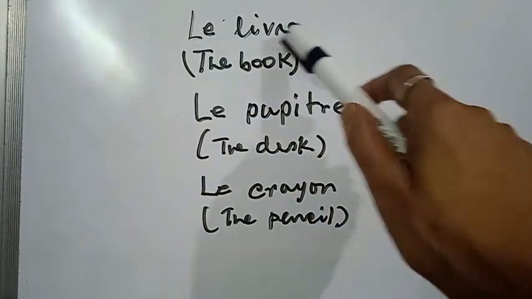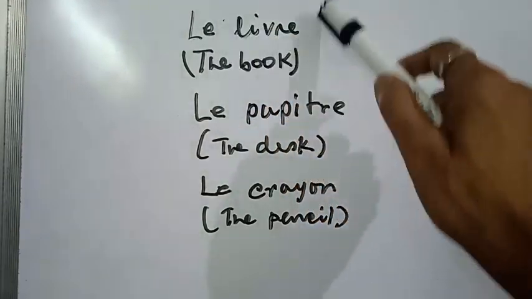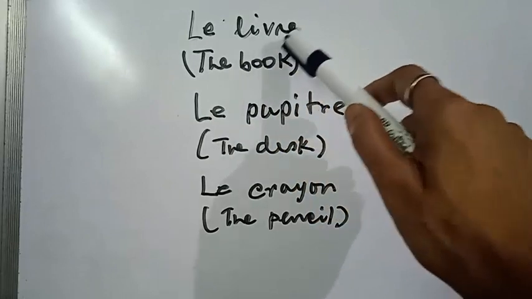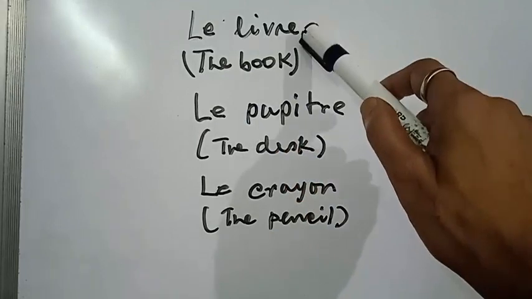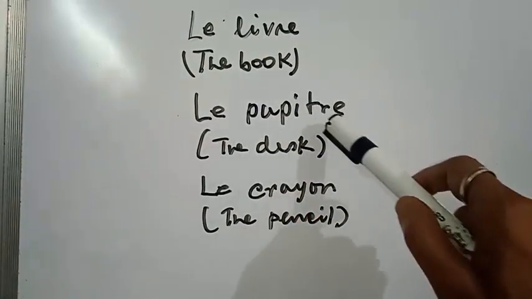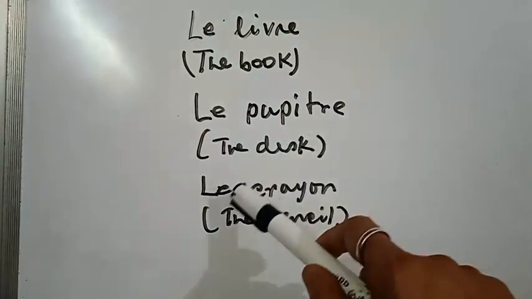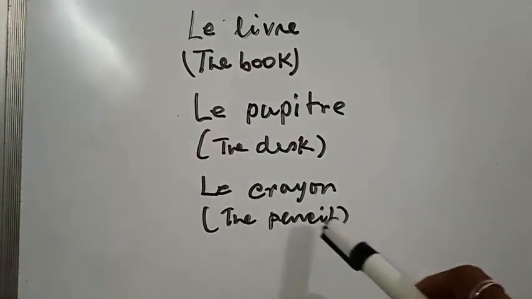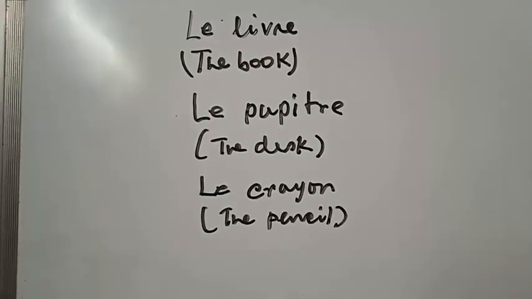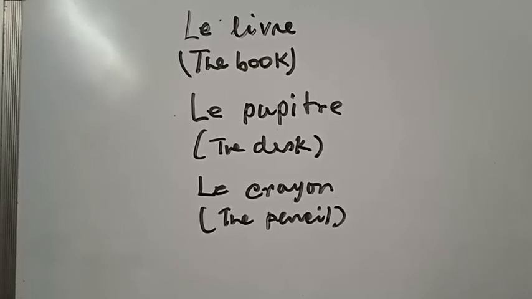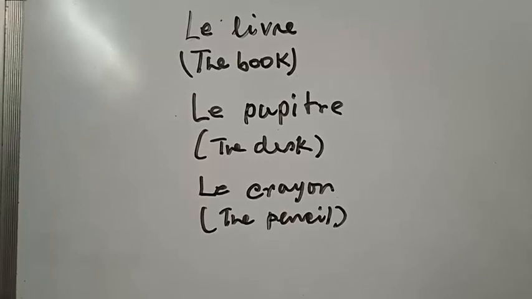Le livre, I have used le, which means it is a masculine word. Livre, the book, is ending with E, but it is in the masculine category. Le pupitre is also ending with E, but it is masculine. Le crayon is the pencil. So in 90% of cases this is the rule: words ending with E are feminine, but not in all cases. In exceptional cases, a word ending with E may be in the masculine category.